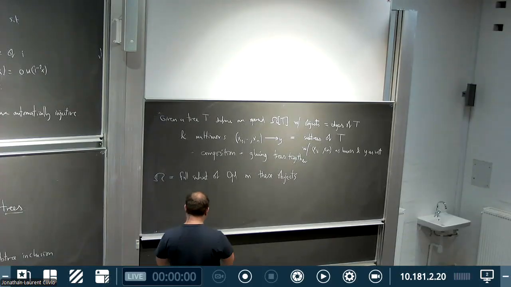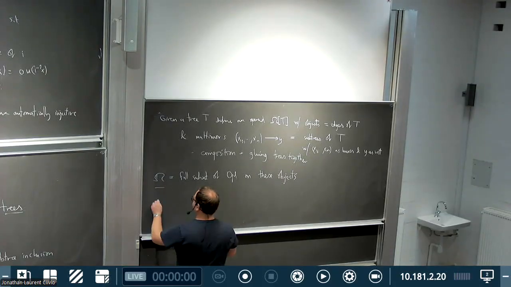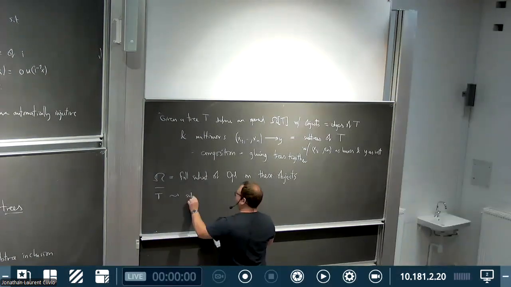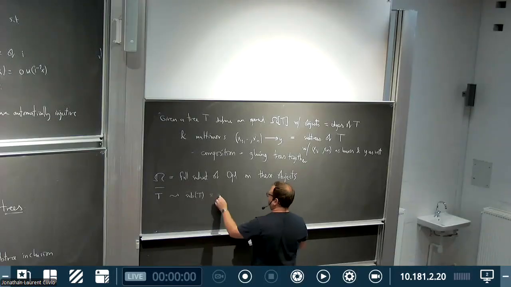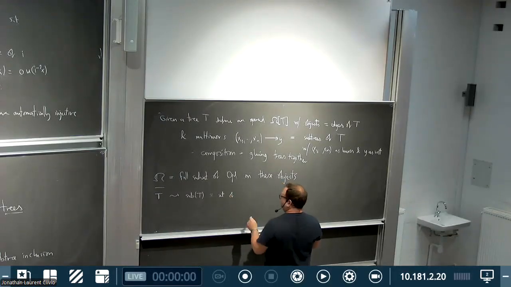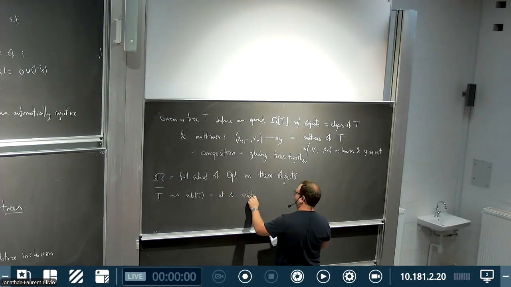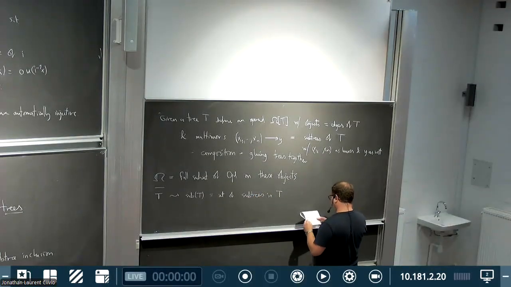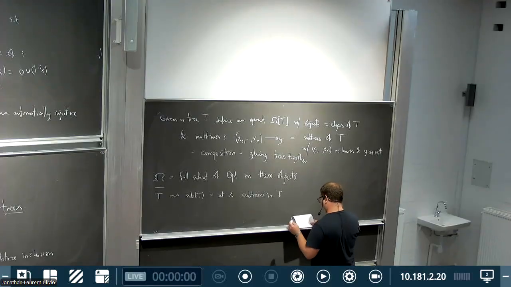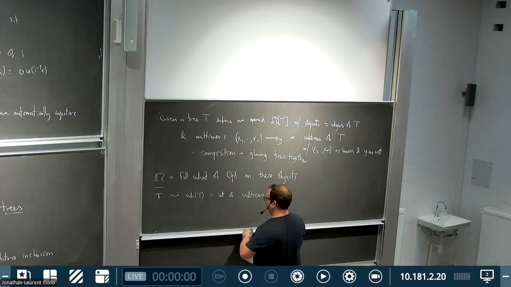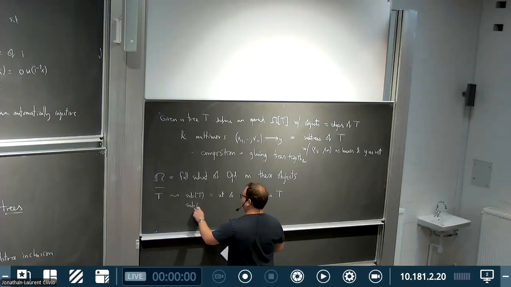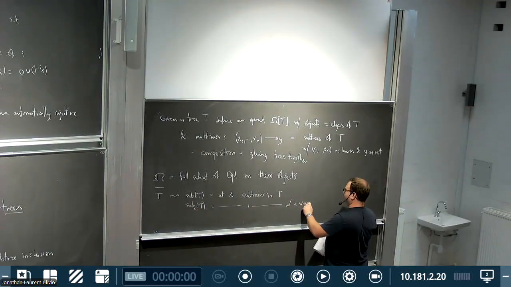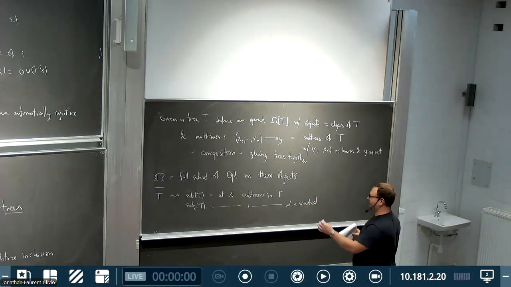If I have a tree T, define sub T to be the set of subtrees in T. Then sub star of T is the set of subtrees with a marked leaf, so a marked incoming edge at the top of the tree.